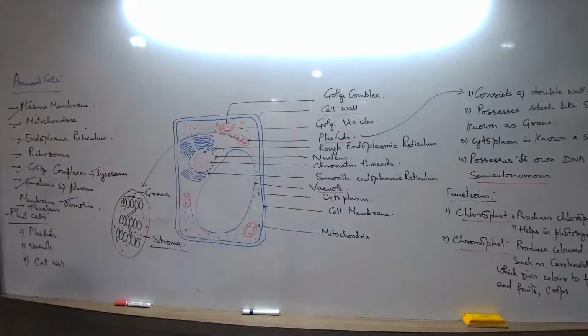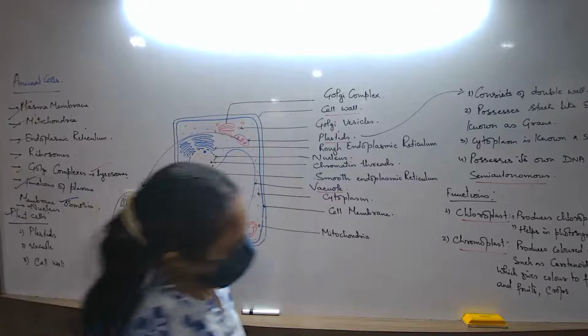Can you give me one example of a colored fruit? Non-green. Orange, mango, papaya, and whatever. And crop, beetroot, carrot. So ये जो सारे parts of the plant है which are non-green is also because of a particular type of a pigment. Carotenoids.